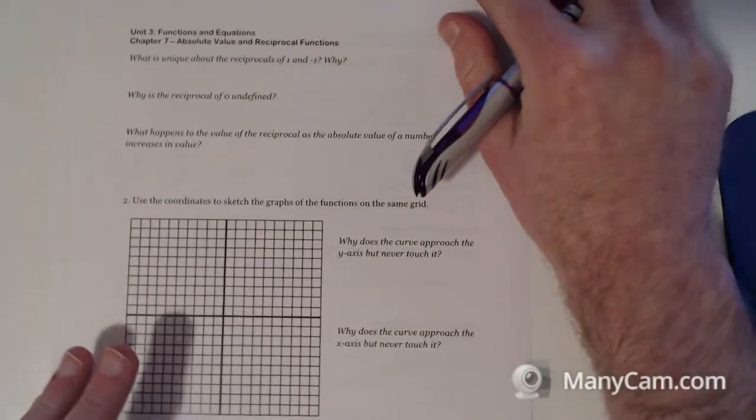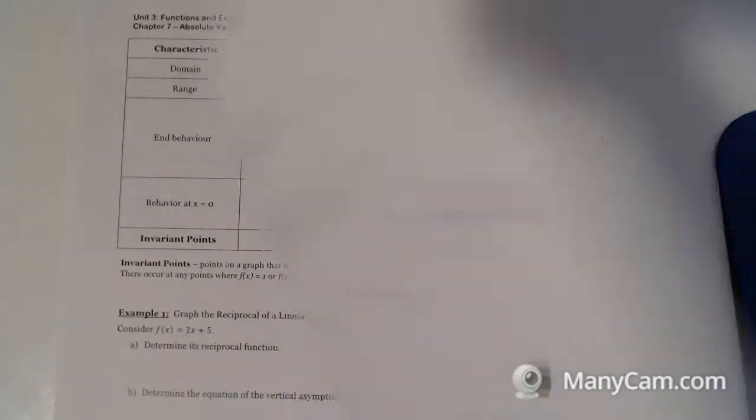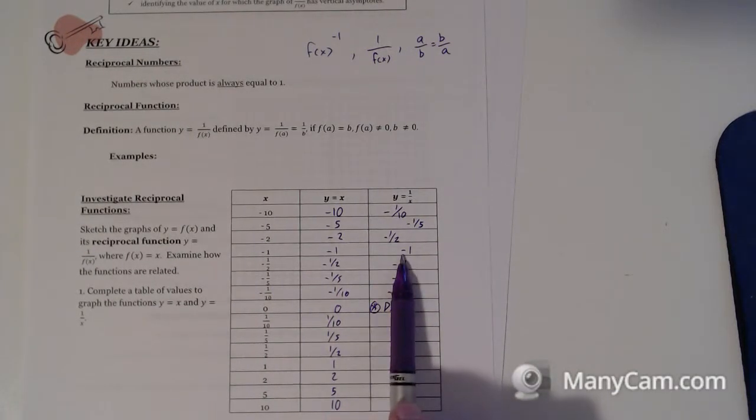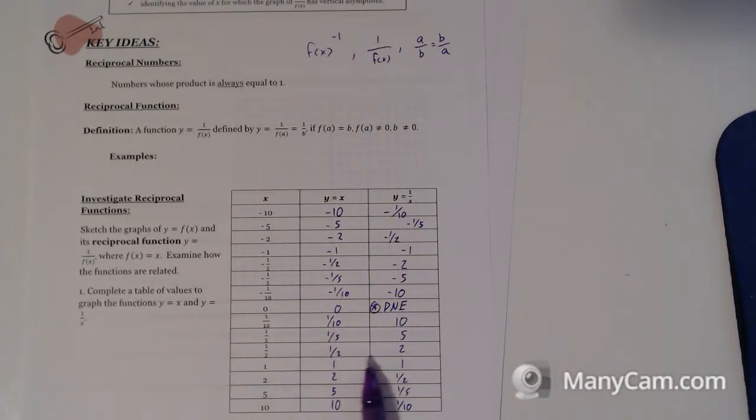Okay, I assume the next question is to graph this. Well, let's answer some questions. What's unique about the reciprocals of 1 and -1? Well, let's look at those ones. At -1, it stayed the same. At 1, it stayed the same.